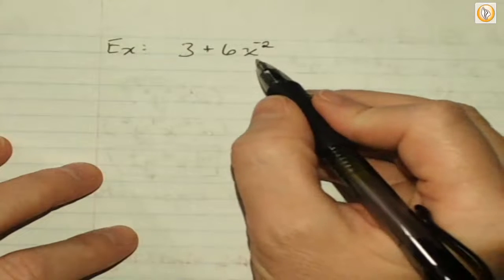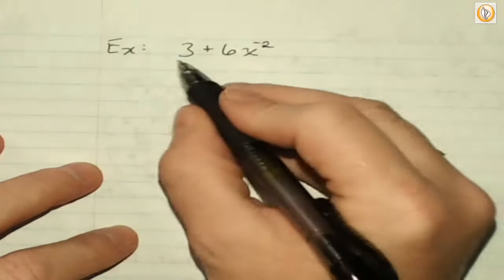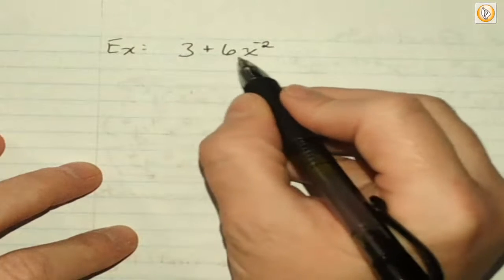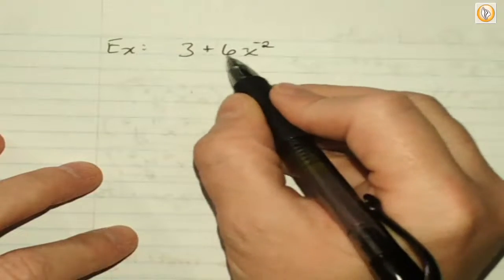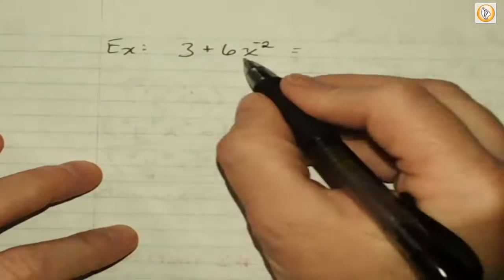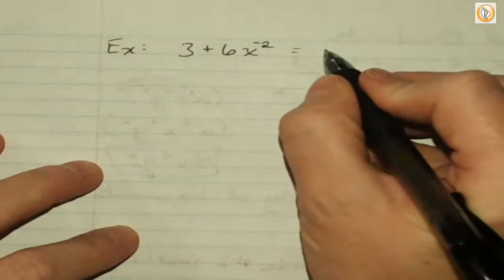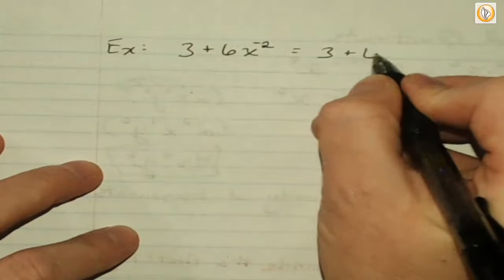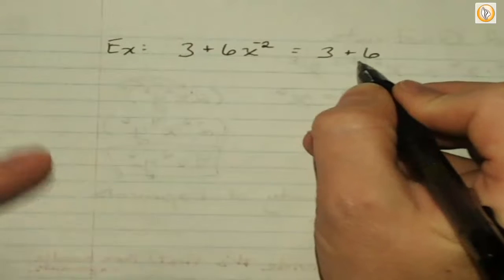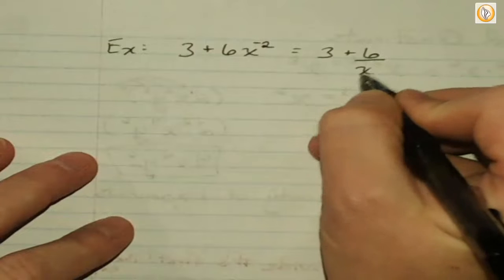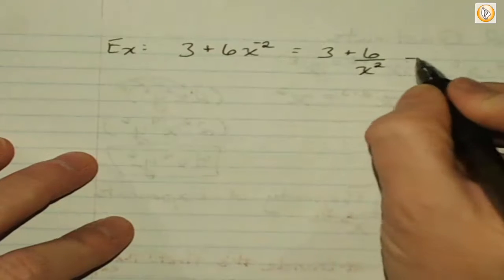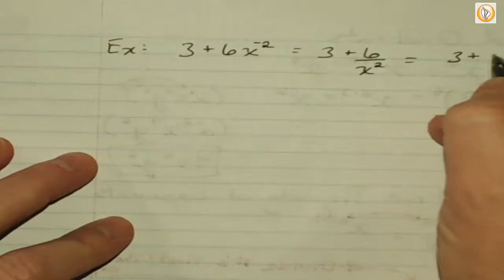Well, then again, you would leave the numbers and items that are fine, and then just move what you need to. So you would say something like 3 plus 6, and then you could either do over x squared. I've also seen it written like this.